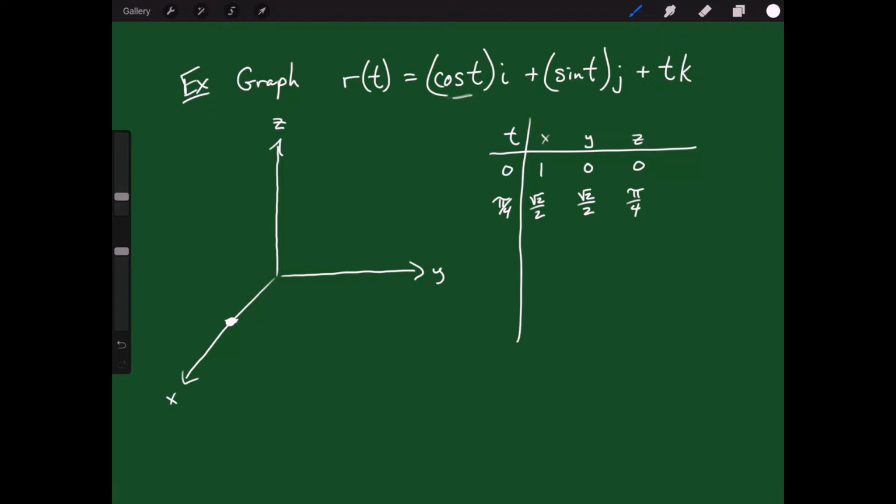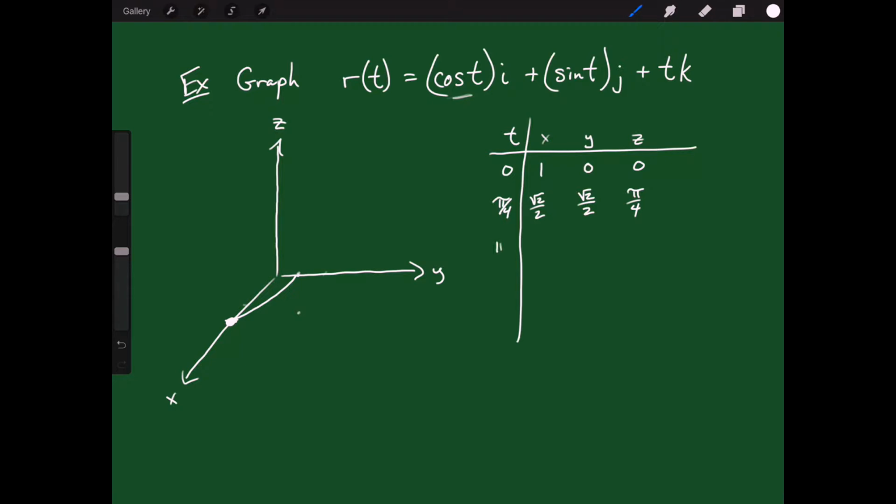So I get square root 2 over 2 out in the x direction. Square root 2 over 2 in the y direction. Puts me right here. And then I go up pi over 4. So I go up to this point.